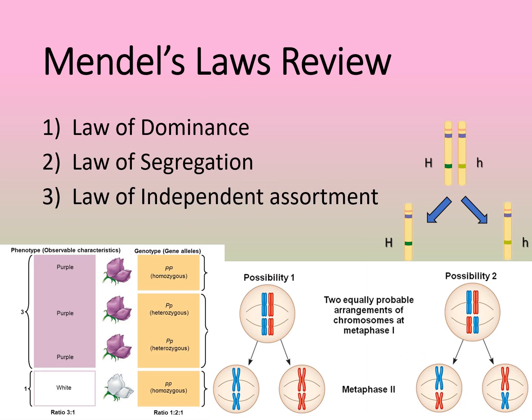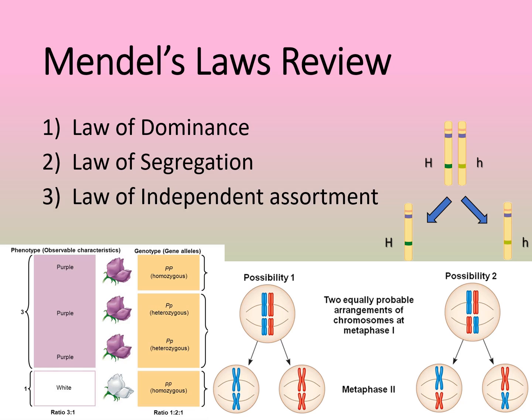So let's review just a little bit. I've included some pictures from the previous lecture on the bottom. So the law of dominance, and we'll talk a little bit more about that because that'll really come into play in some of our variations on Mendel's laws. But if you have a dominant allele in the genotype, then that will be the observable characteristic or the phenotype.